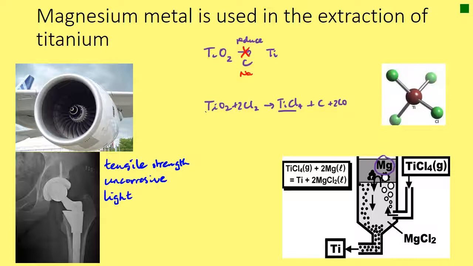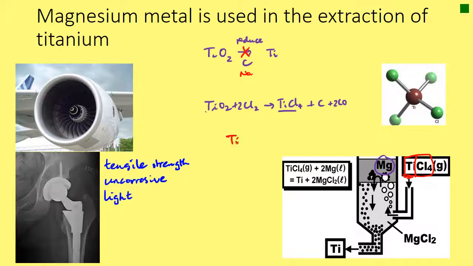Here's the magnesium, and here's our titanium chloride, and what we want is the titanium from it. That necessitates a separate reaction where the magnesium displaces the titanium, goes off with the chlorine, and leaves the titanium as a metal. So that's the reaction here.